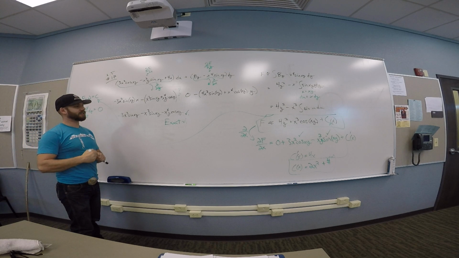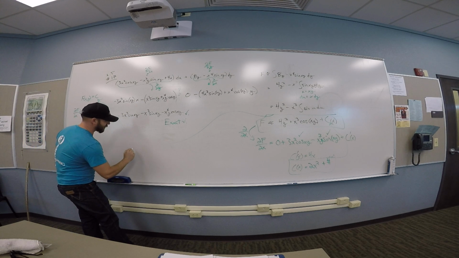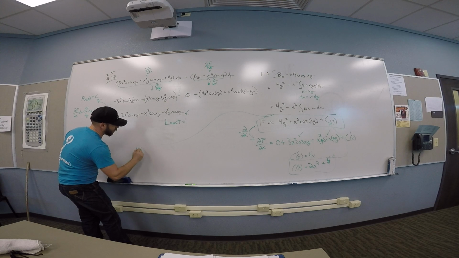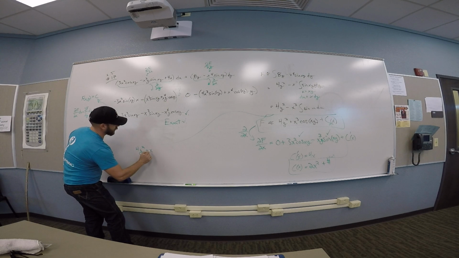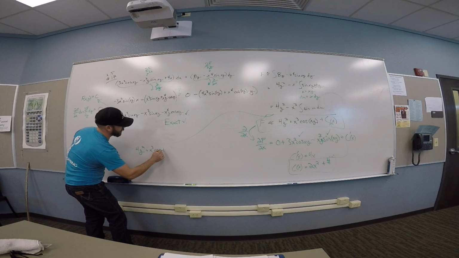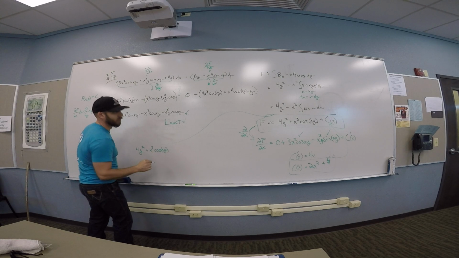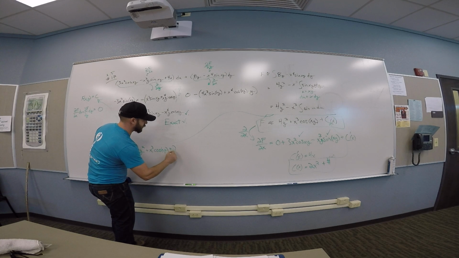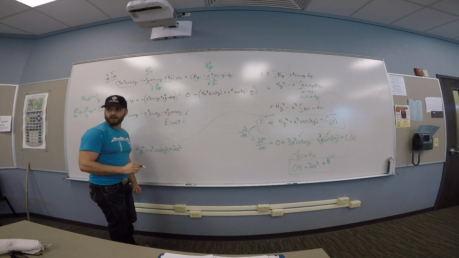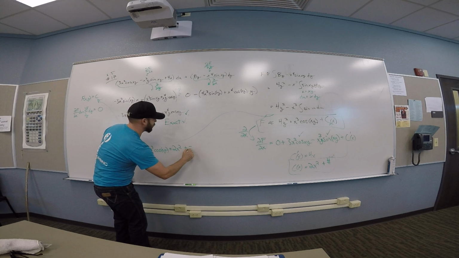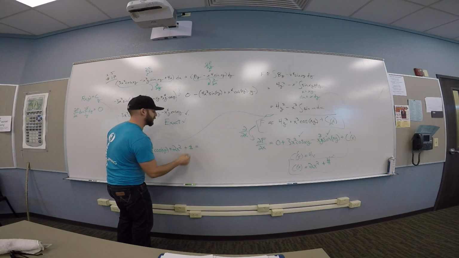That's the answer. And so in the end here, I get a solution that looks like 4y squared plus x cubed cosine xy plus 2x squared, and then plus a number, I guess, some other number.